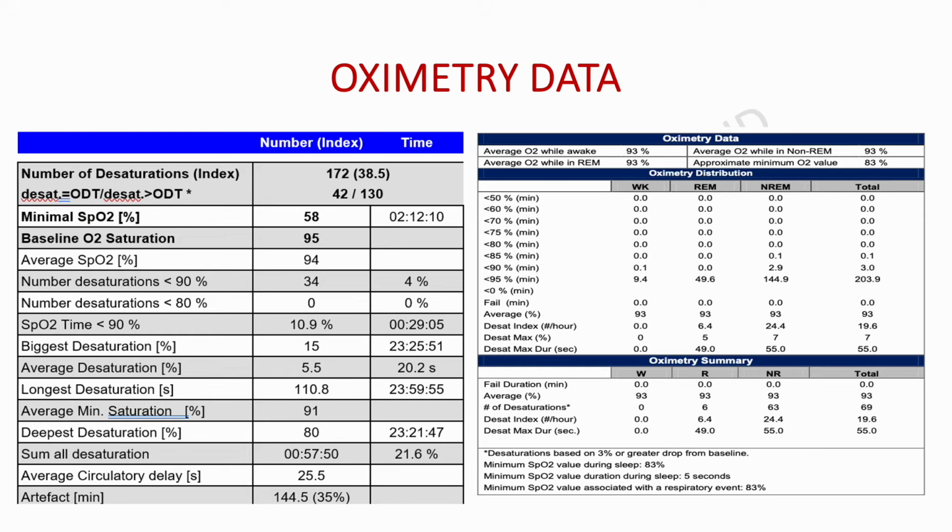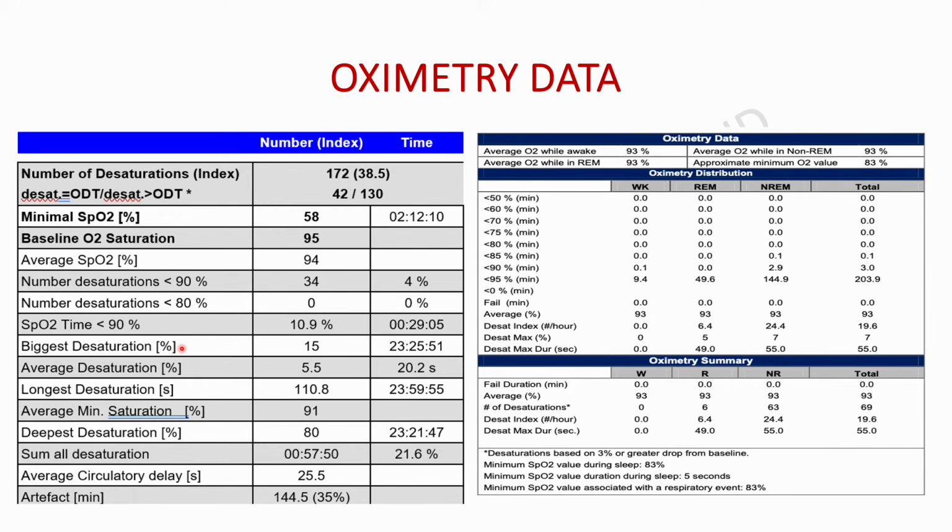The saturation is so important. And here, one we see is the ODI, the oxygen desaturation index, which is the number of oxygen desaturations based on the total sleep time. And you also get the minimal SpO2, you get an average SpO2, and you get something which is called the T90, the time in sleep where the patient's saturation fell less than 90%, which is a very significant parameter which tells you about the hypoxic burden.